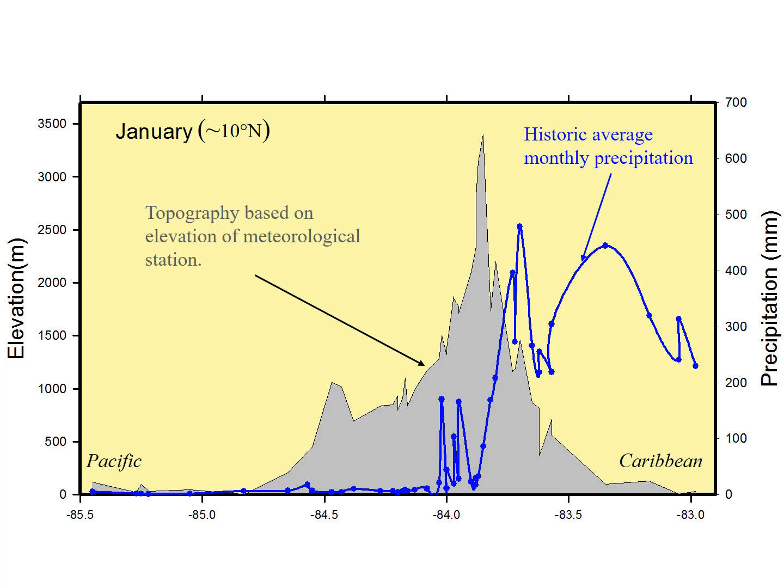The blue lines are indicative of the average monthly rainfall at a particular station. The location of that station is shown by the longitude along the x-axis. So the very first blue dot on the right is a station which is right on the Caribbean coast.